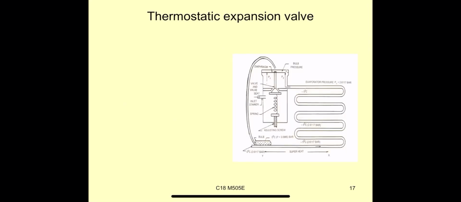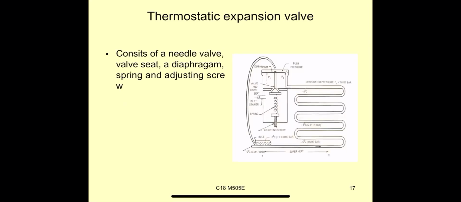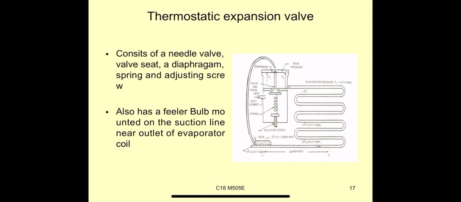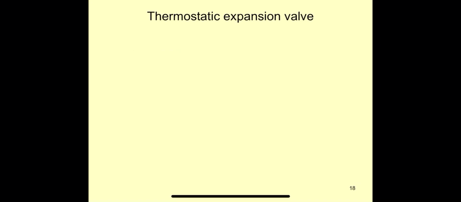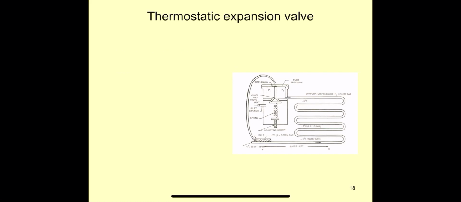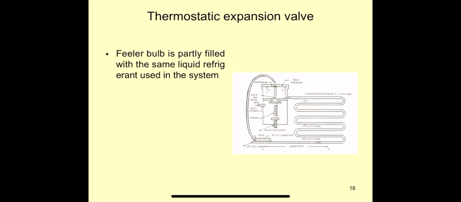The thermostatic expansion valve consists of a needle valve seat, a diaphragm, spring and adjusting screw, and also has a feeler bulb mounted on a suction line near the outlet of the evaporator coil. The feeler bulb is partially filled with the same liquid refrigerant used in the system.